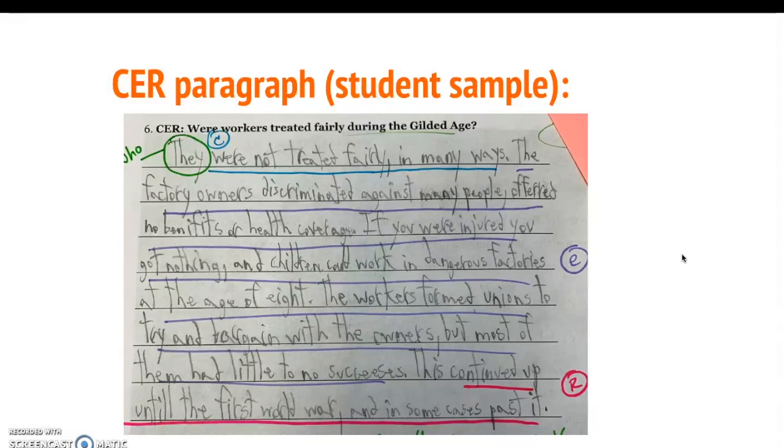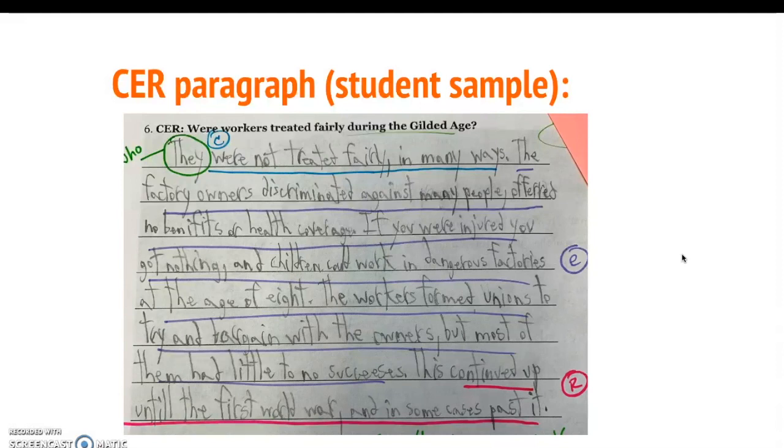So when I was looking at this and looking at a rubric, I would say, okay, yes, they have the claim, but it's not super specific. "Many ways" is pretty vague. So my feedback would be, let's say they were not treated fairly, and say something specific about that.